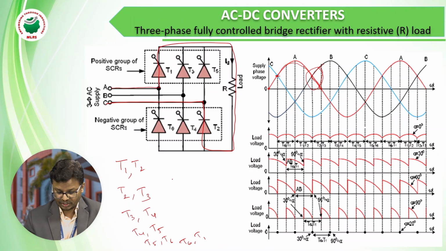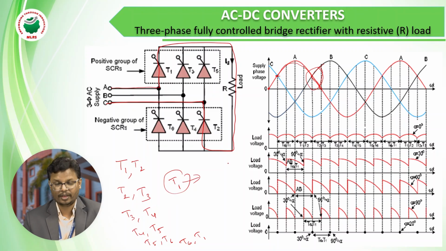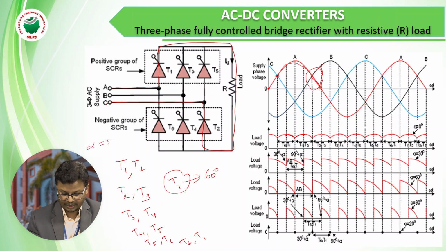Each device, let us assume T1, has a total period of conduction of 60 degrees. If you observe, T1 conducts for 30 degrees, and after that it conducts for another 30 degrees. So 30 plus 30 is 60 degrees. We have to give the trigger only after 30 degrees.